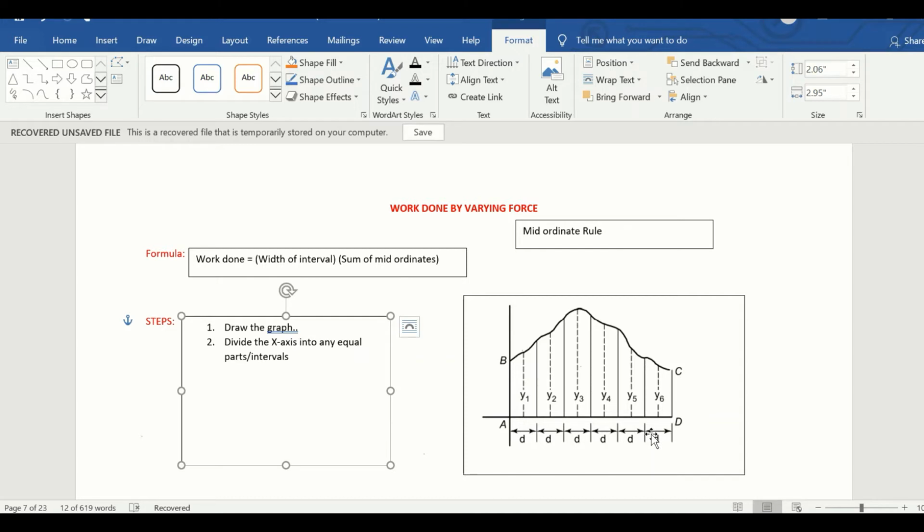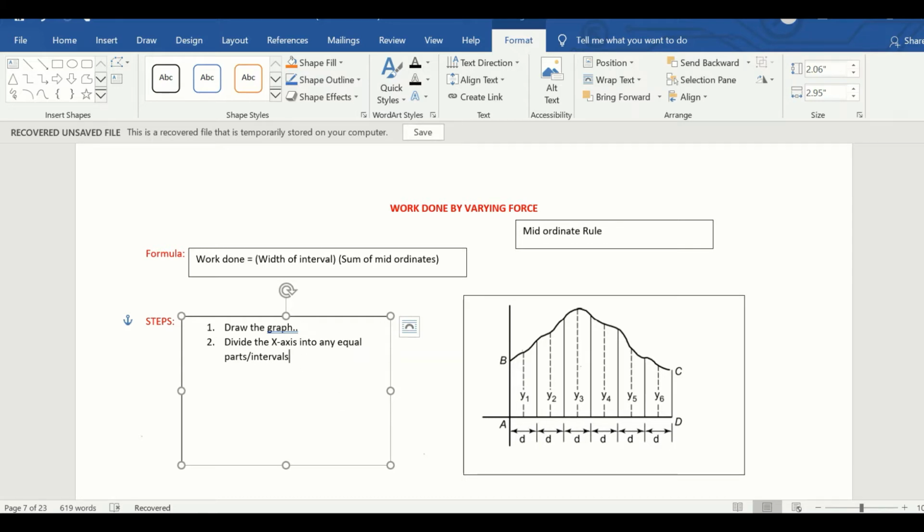You are free to divide your x-axis into any number of equal parts. Please note that the more equal parts, the more accurate your answer will be. So we are advised to always divide our x-axis into at least 5 or more equal parts.